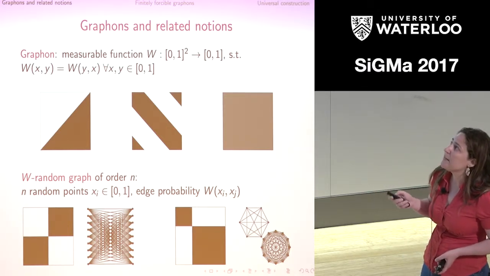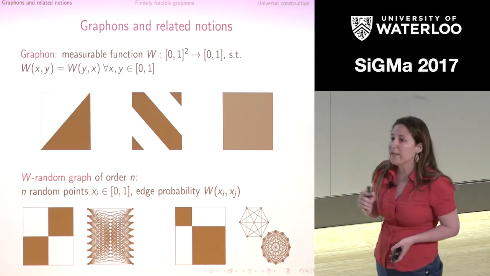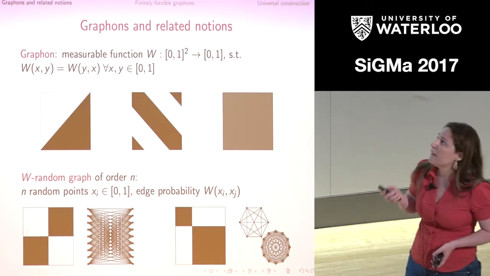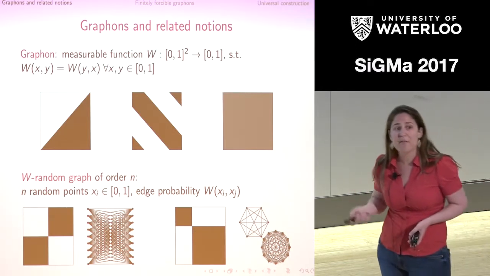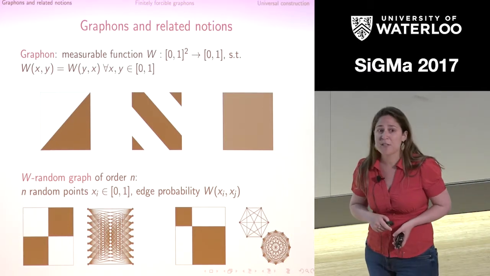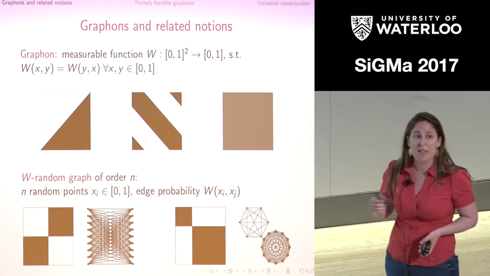So you basically draw a unit square, and each point in the unit square you color by a color: white represents when the function has value 0, black is when the function has value 1, and gray is all the values in between, the shades of gray.